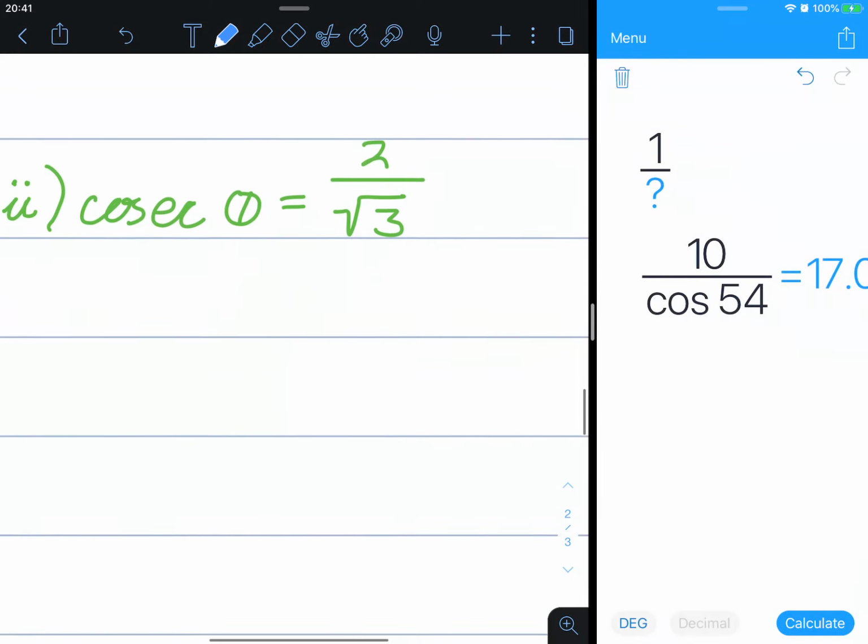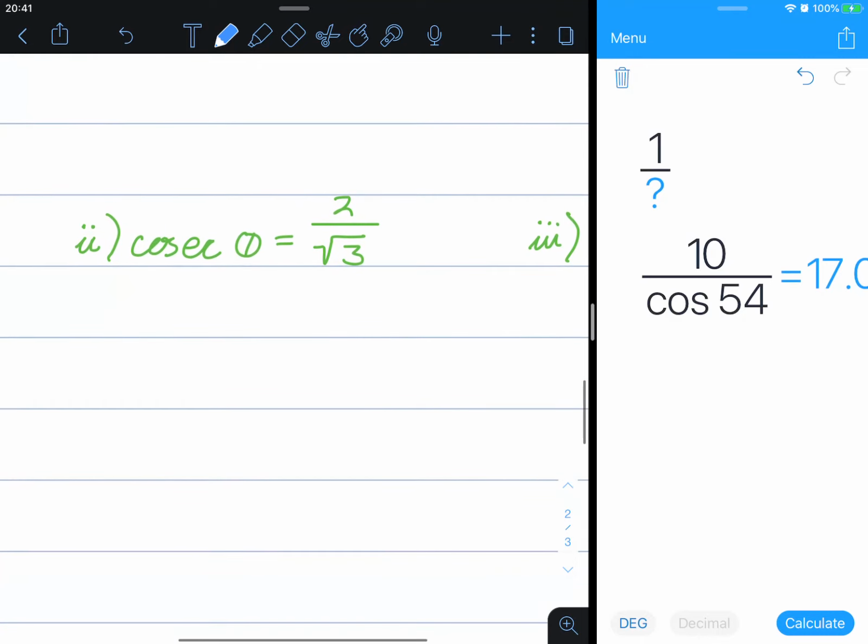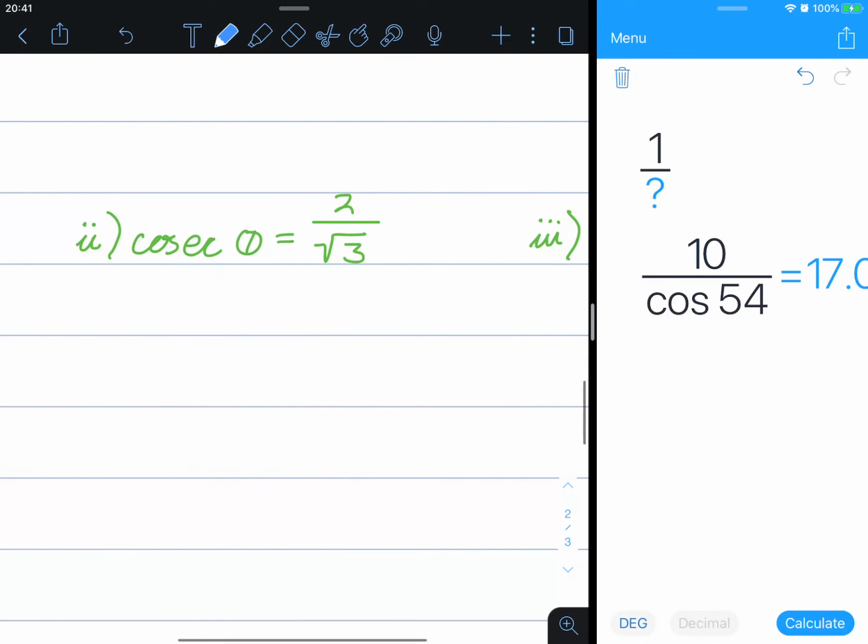Same thing here. We have cosec of theta. We don't have a button for cosec of theta in our calculator. So instead we change this in terms of sine. Remember, third letter relates to sine of theta. So sine of theta is equal to the reciprocal of this, so root 3 on 2.